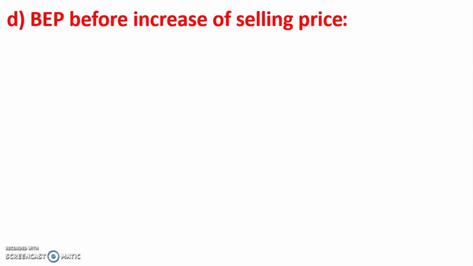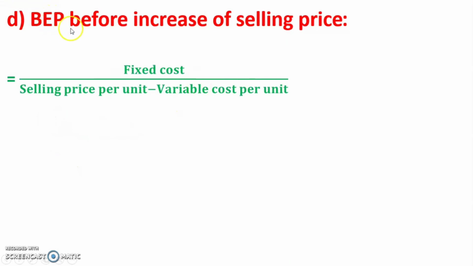First, break-even point before increasing selling price, then second, break-even point after increasing selling price. So first we calculate break-even point before the increase of selling price.